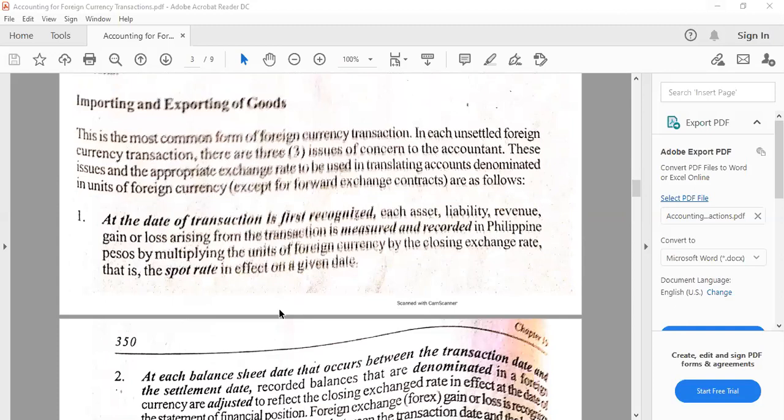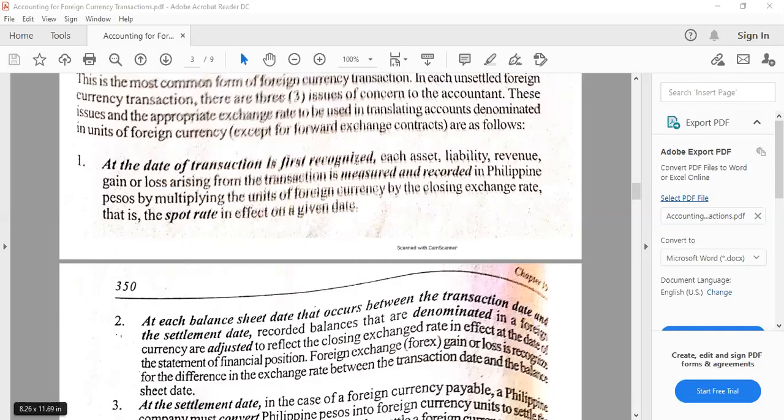So remember, the date of transaction is the time that we entered into the purchase. Then if it's going to be long term or even short term but would extend to the next year, we would go beyond the balance sheet date, also known as reporting date. And then the settlement date will be, for example, next year. So these are the three dates that we have to take note of.